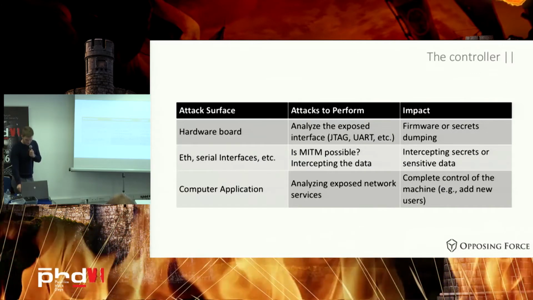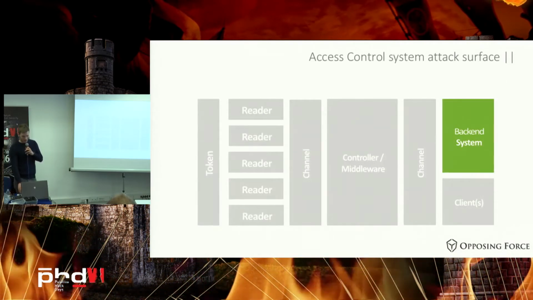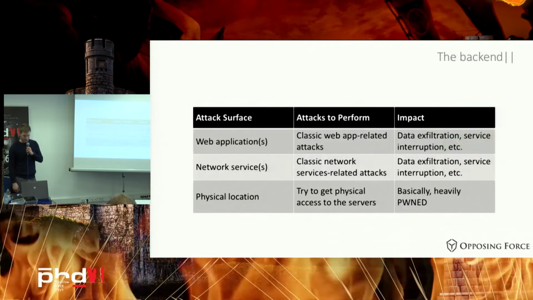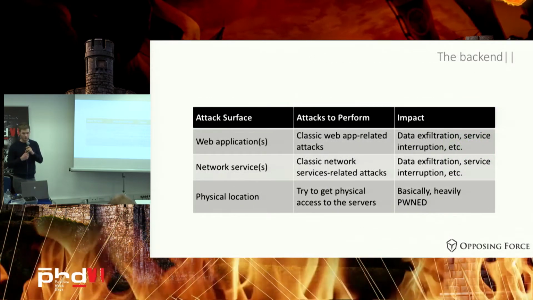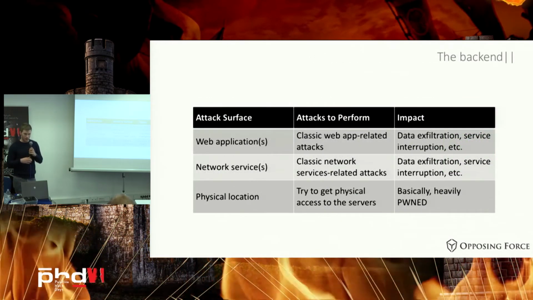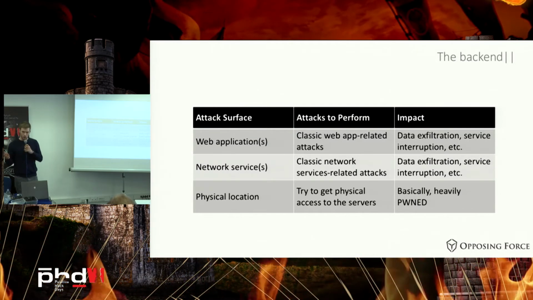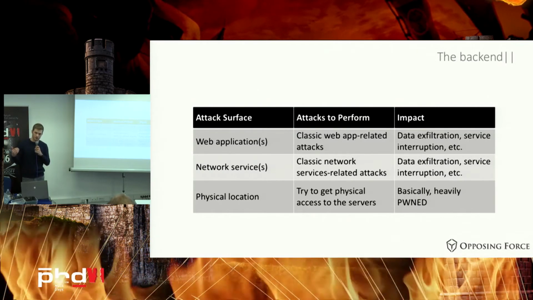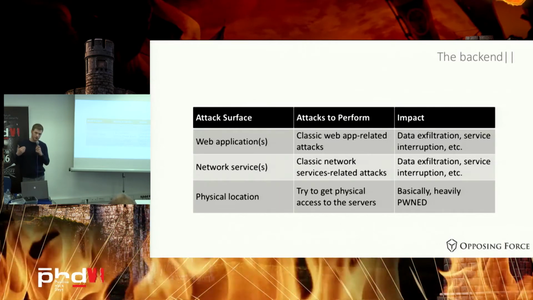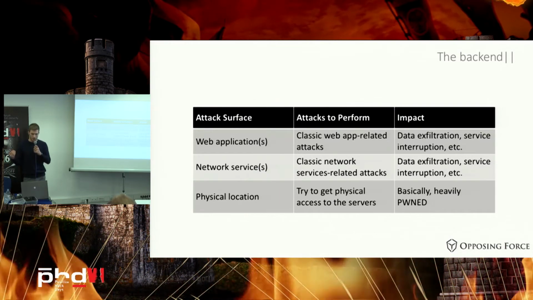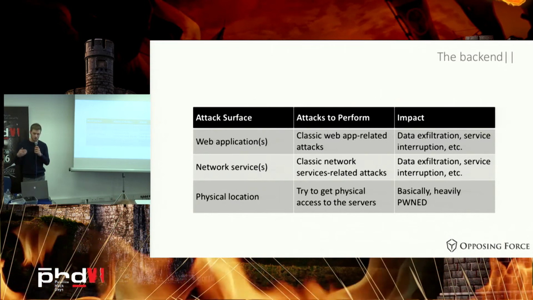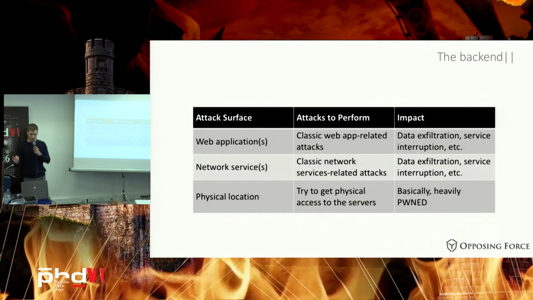Okay, then we have the backend systems. The backend system has a web application usually, or a mobile application, for the people who are supposed to check your access control system to verify who is getting in, who is getting out, who tries to create new badges or whatever. So we can test those applications.